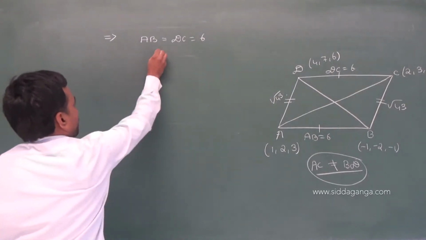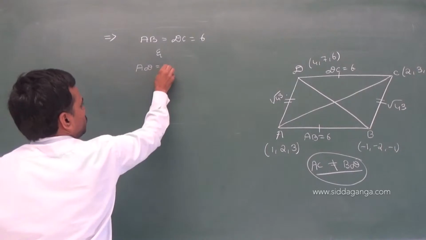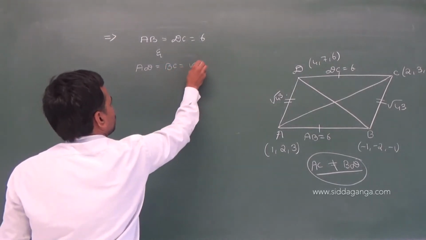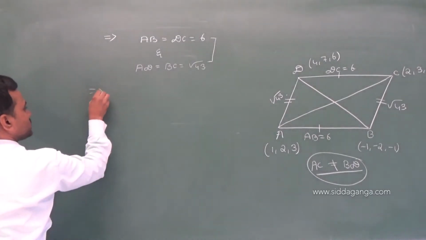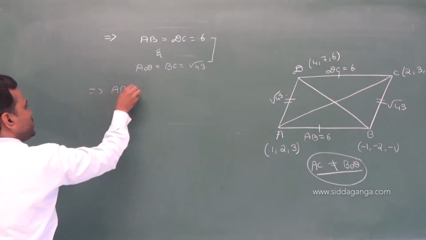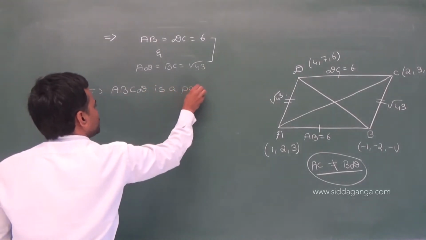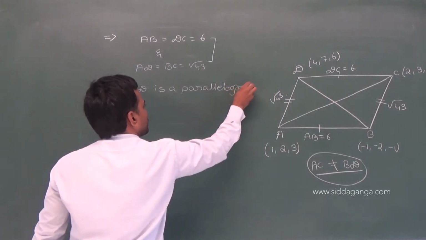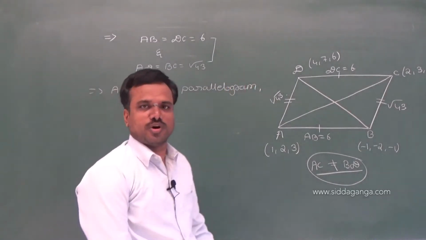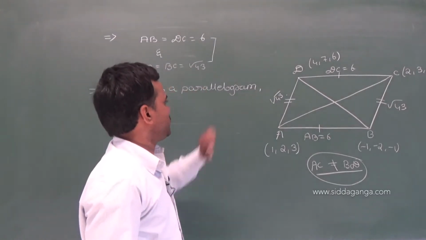And AD is equal to BC is equal to root 43. Opposite sides are equal. That implies ABCD is a parallelogram. First one is over.